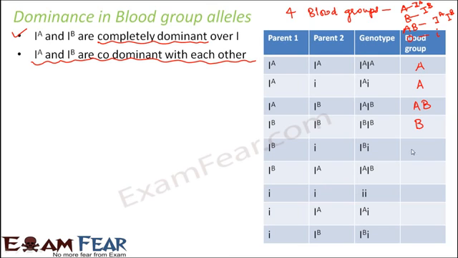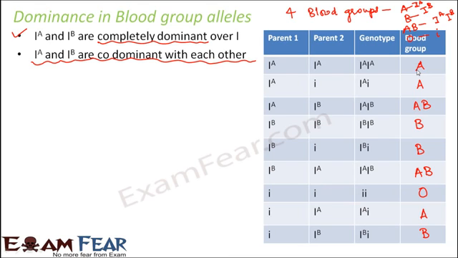IBIB again will be B. Similarly, IBi again is B. IAIB again will be AB. ii is going to be blood group O because it doesn't have either of the sugar producing alleles, IA or IB. IAi is again going to be A and this is again going to be B. So this is how the blood group is determined, which individual will have which blood group.